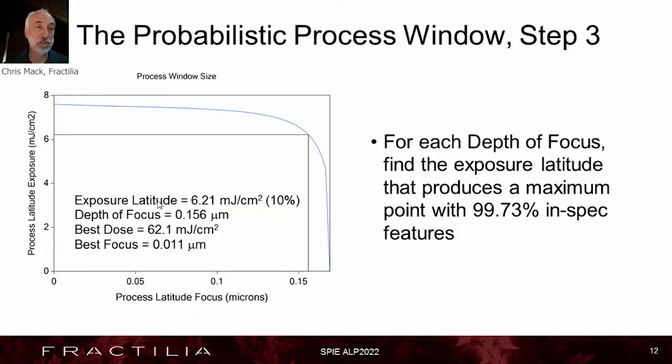This produces a curve called the exposure latitude versus depth of focus curve, just like we get from our geometric process window approach, but now we're taking into account the entire process window shape. All of the data contributes to our understanding of the fraction of features on the wafer that are going to meet spec. This provides a more accurate, rigorous assessment of exposure latitude and depth of focus.